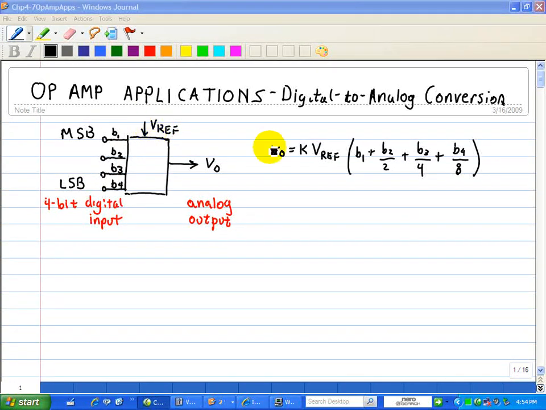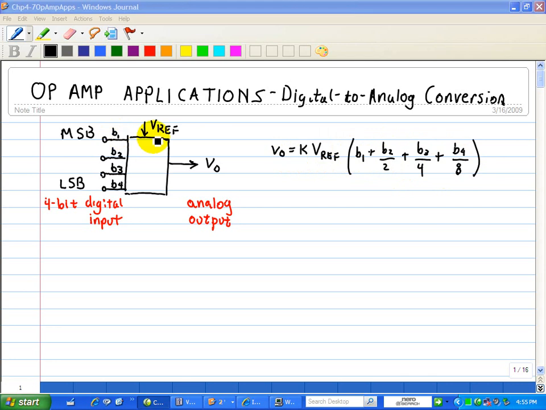So here, V out, in terms of this block diagram, is governed by this relationship: we have a digital input, and an analog output governed by this relationship here. Now B1, B2, B3, and B4 in this example is either a 1 or a 0. And you can see here that VO is a weighted combination of these bit inputs.